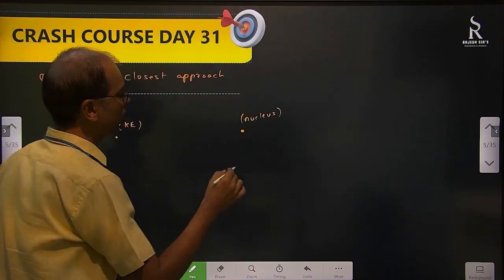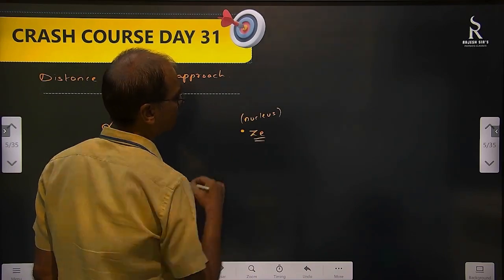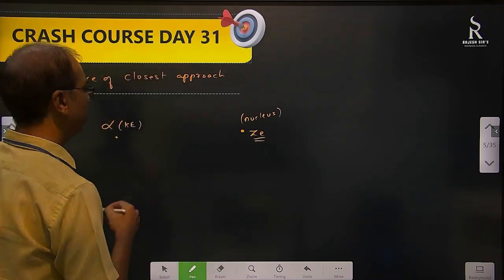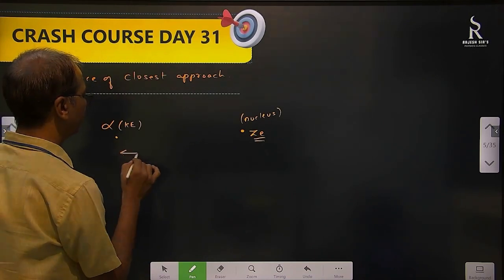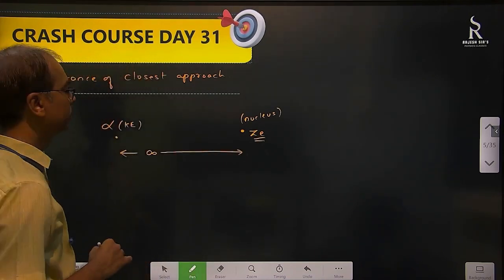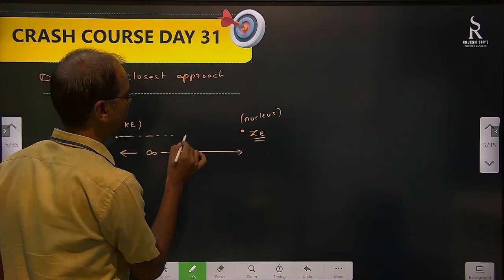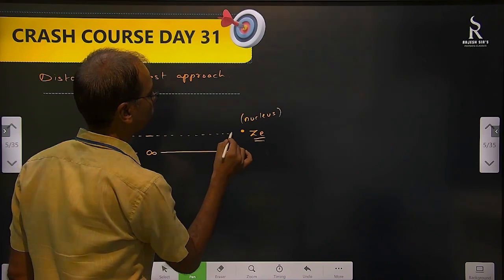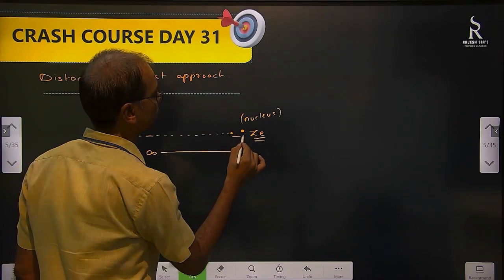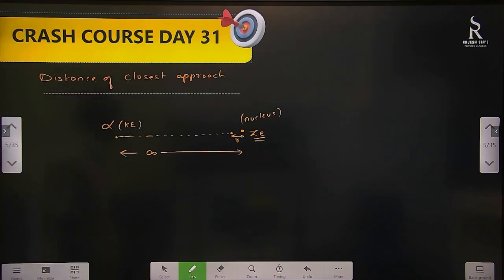Let's say Z protons are there, so its charge is Ze. Initially, how far is it? Very far. This distance is infinite. Now you project it with kinetic energy and it goes. Suppose it could reach up to here. This distance only we want. This is called the distance of closest approach.